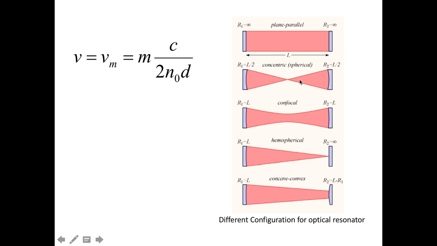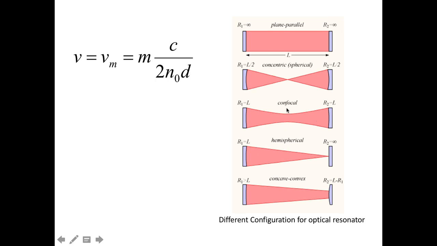The third one is the hemispherical, which is similar to the concentric. It is spherical, with one plane mirror and one mirror with radius equal to the cavity length.